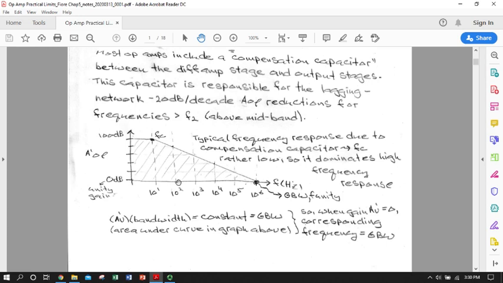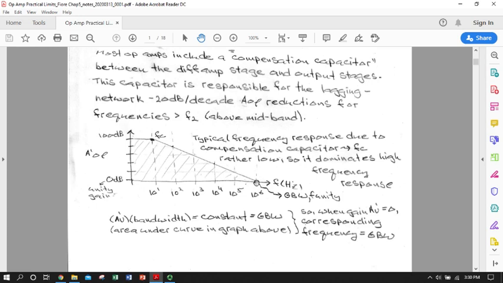Well, then we wouldn't hit the slope here until it crossed the x-axis. So that's kind of an extreme of driving this product here, gain times bandwidth, to the point where our gain is 0, so our bandwidth is as big as it can be made. And as big as it can be made is the point at which this slope crosses the x-axis here.